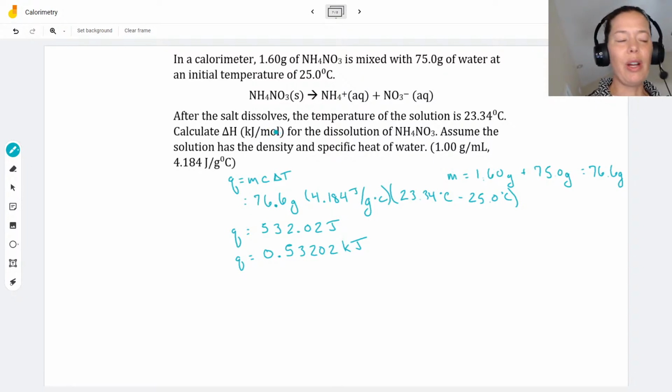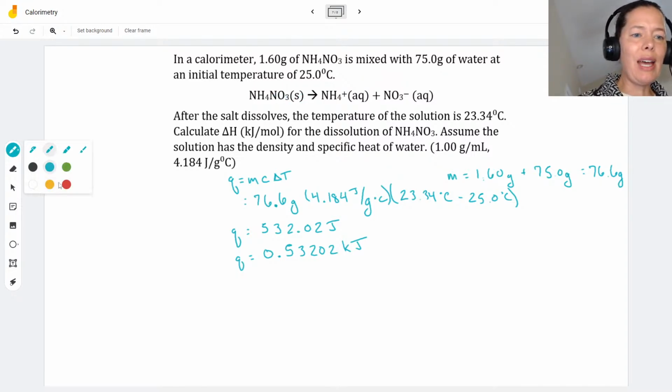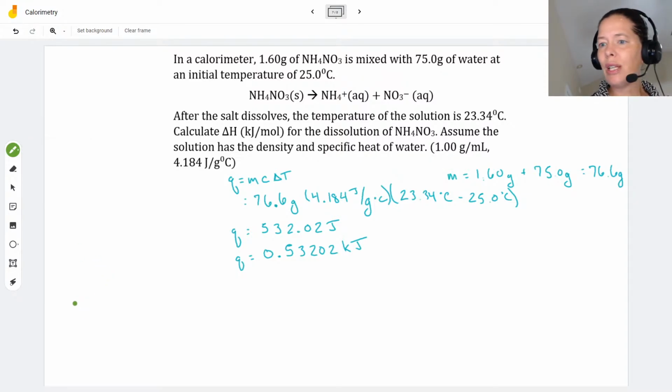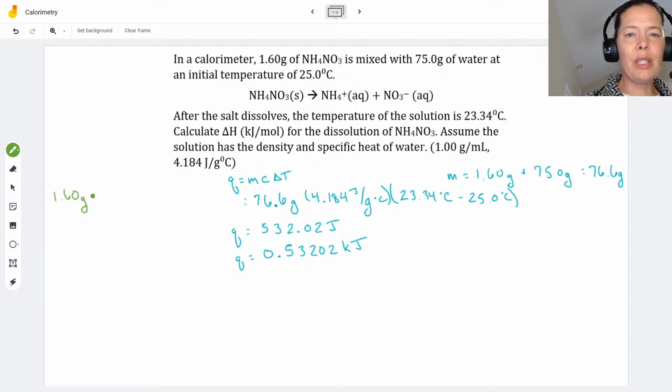Now I need to worry about my moles. All right, so the moles for this reaction, this is definitely not any kind of limiting reactant because we only have one reactant. So really what I need is my moles of ammonium nitrate. Well, that's actually going to be pretty simple because I have my grams of ammonium nitrate. So let's just go over to the left-hand side here. So I have 1.6 grams of ammonium nitrate. And let's convert that into moles.